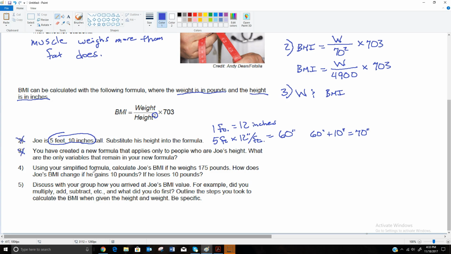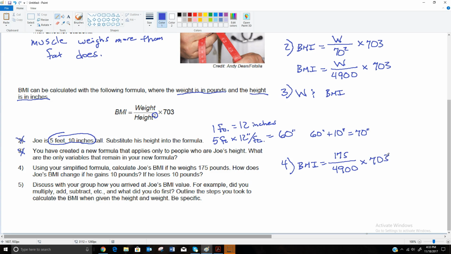So using your simplified formula now, we're supposed to calculate Joe's BMI if he weighs 175 pounds. So if he weighs 175 pounds, his BMI would be 175 divided by 4,900 times 703.